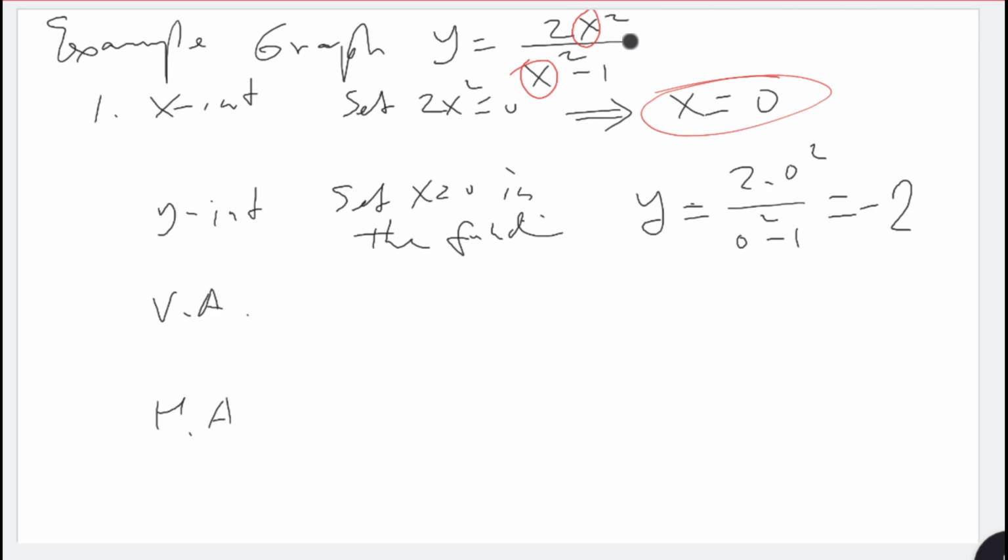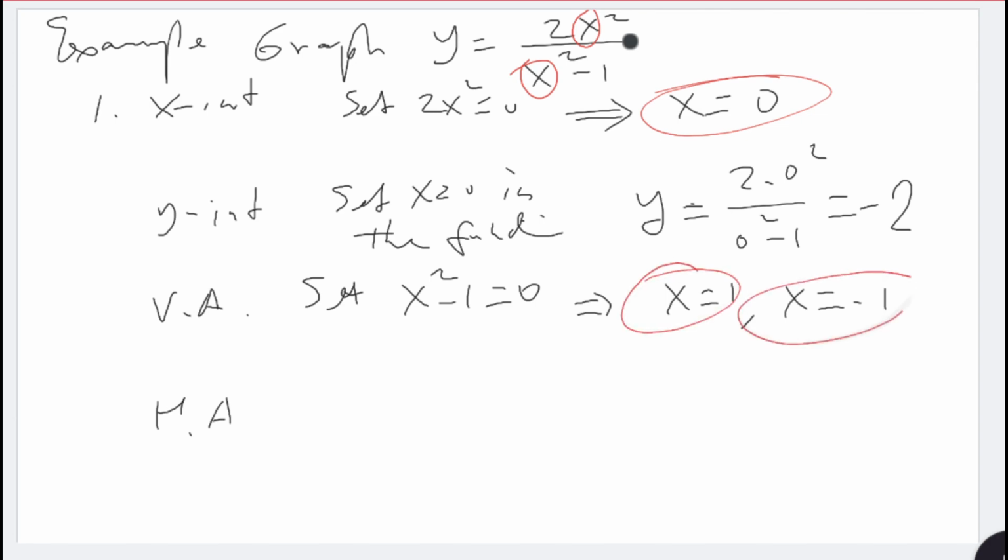Vertical asymptote, let's see this function again. Remember, we set the denominator to 0. Now we find x equal to 1, x equal to -1. Okay, we find the 2 vertical asymptotes.